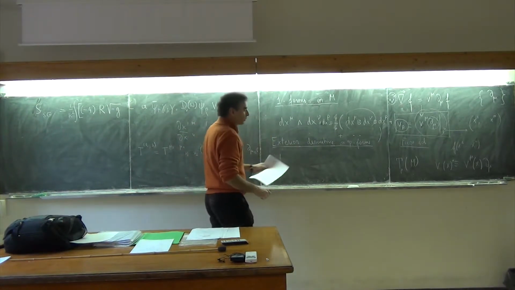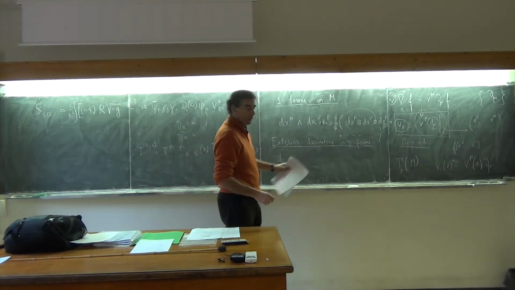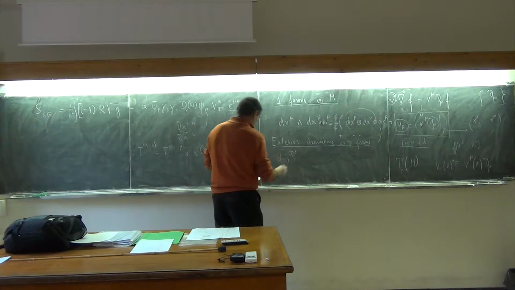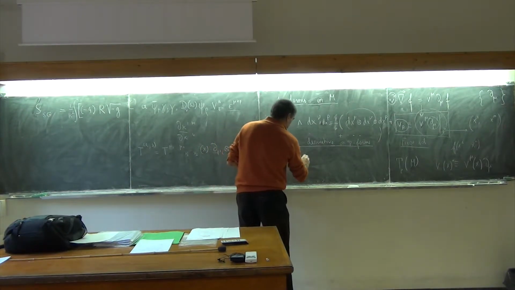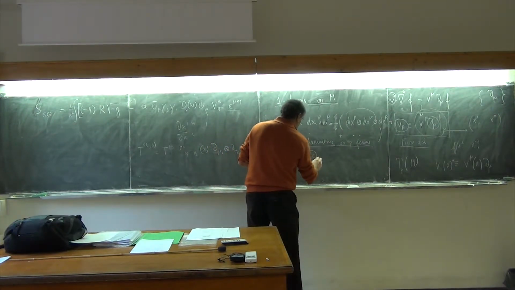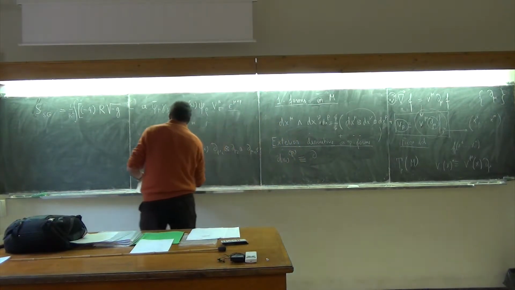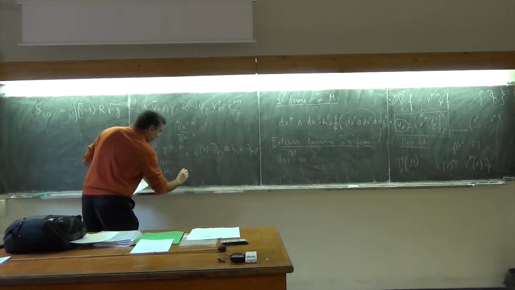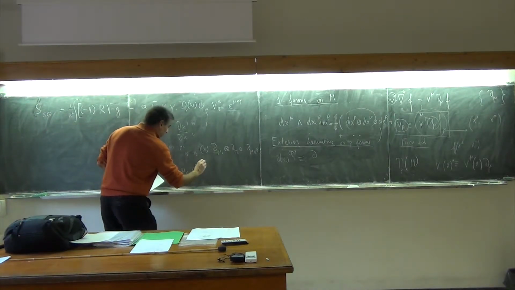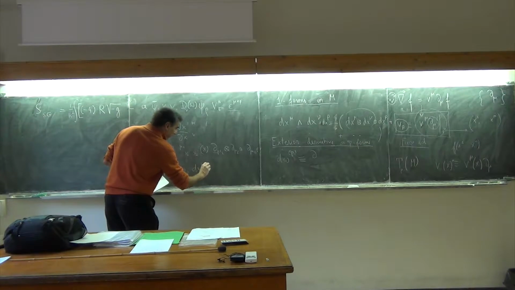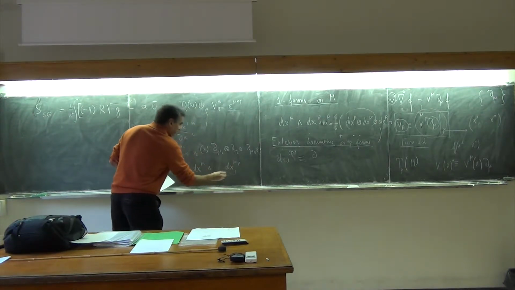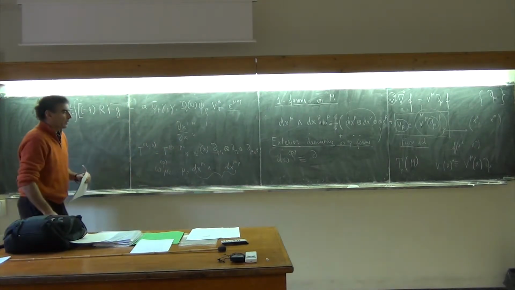Exterior derivative on p forms: we have already defined it on functions. Now I want to define it on any p form, and I'm just recalling what we have defined. A p form can always be expanded in components as omega mu1 ... mu p dx mu1 exterior product ... dx mu p, since this is the basis for p forms.